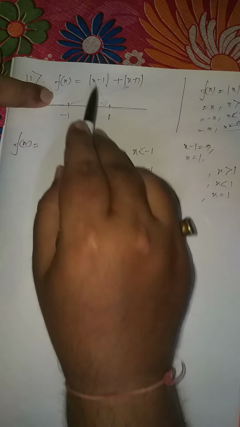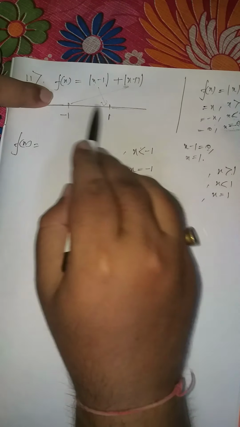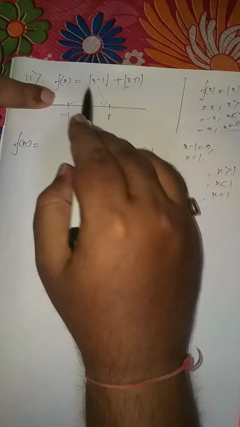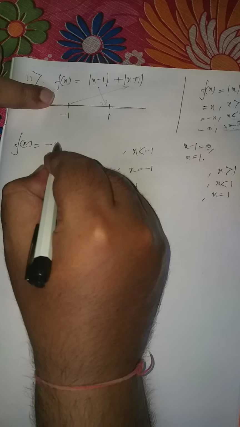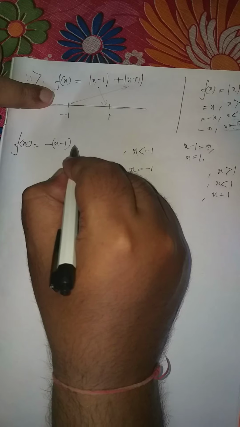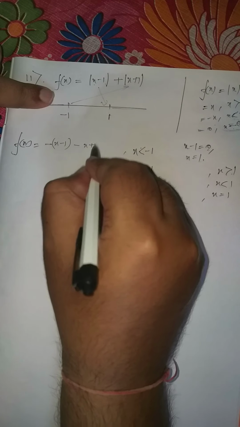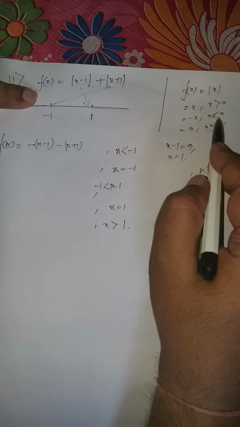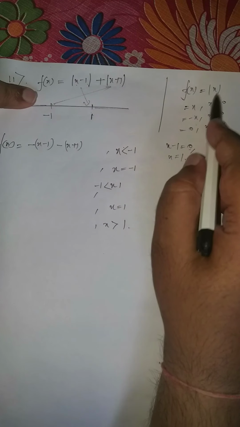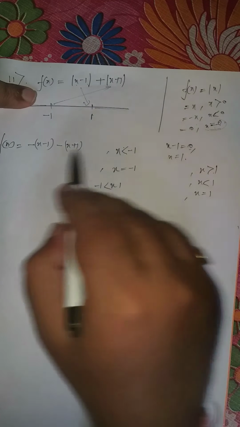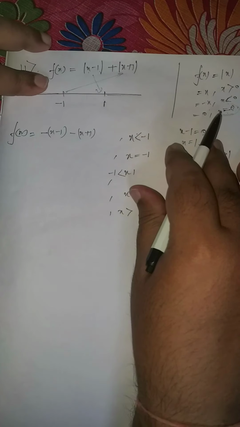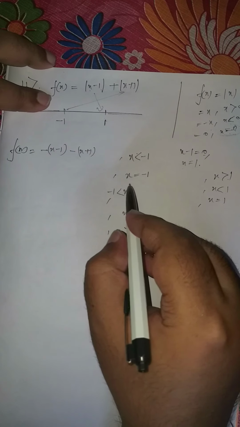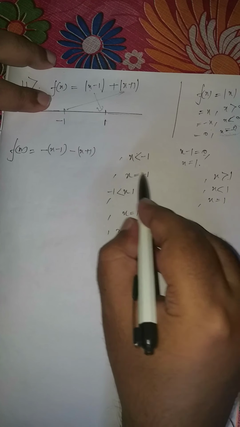So if you define this mod, you have to introduce a minus sign for both the functions. When x is less than 0, left side tendency, mod of x is minus x. See, this is the method, a very nice method to remember this.